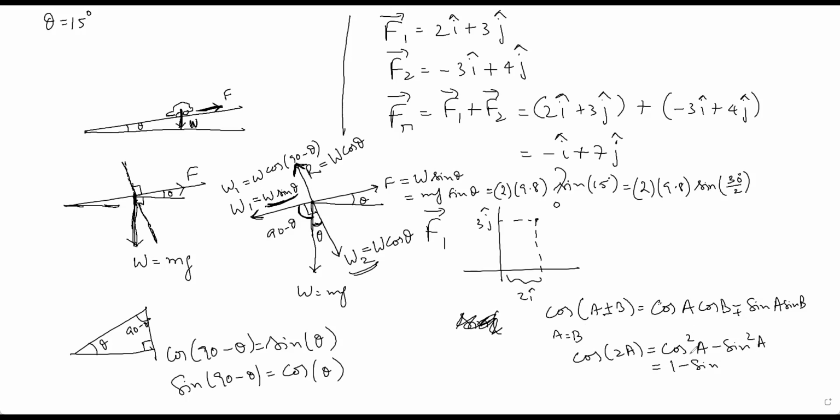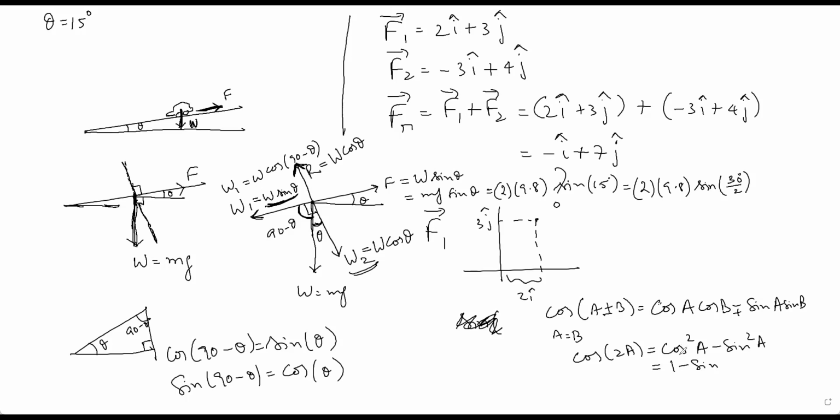Uncle, can we use the sine A by 2 formula? Yeah, but actually I'm going there. From where does sine A by 2 come into the picture? Do you get my question? Because it's not a formula.